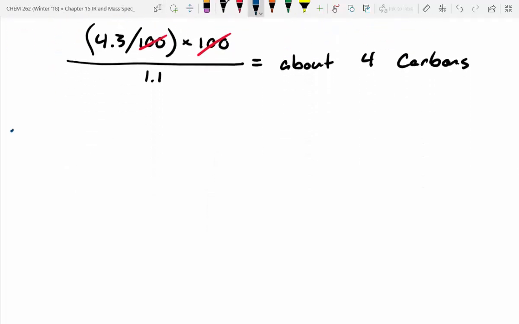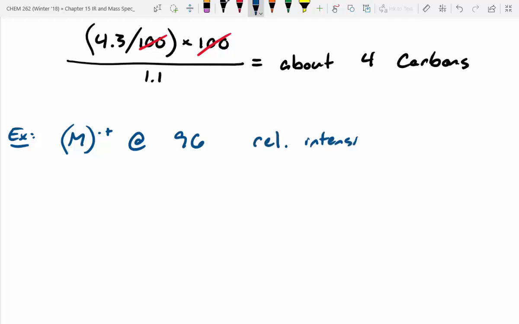All right, so example number 2. I'm just going to abbreviate this. Our parent ion is at a mass to charge of 96, and it has a relative intensity of 19.0%.